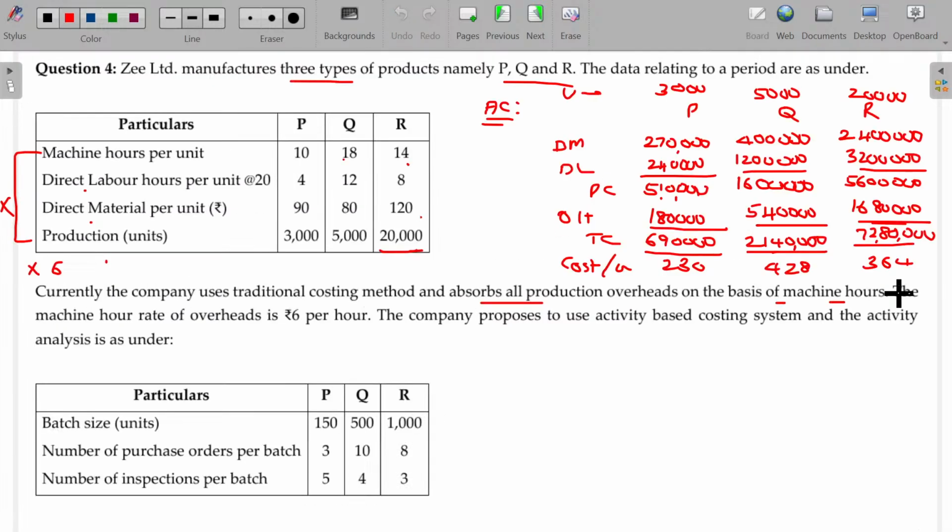Now, what is the total overhead? 24 lakhs. The total overhead will now be shared based on the activity in activity based costing.